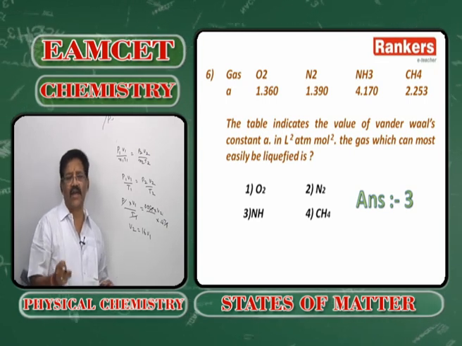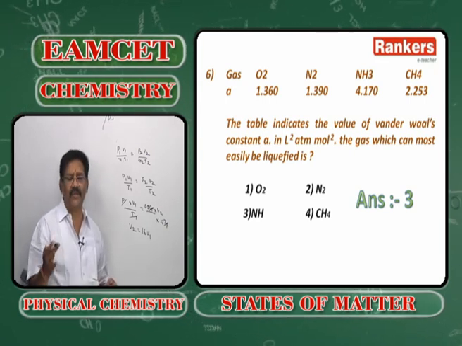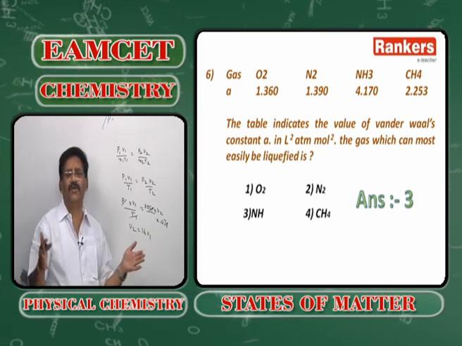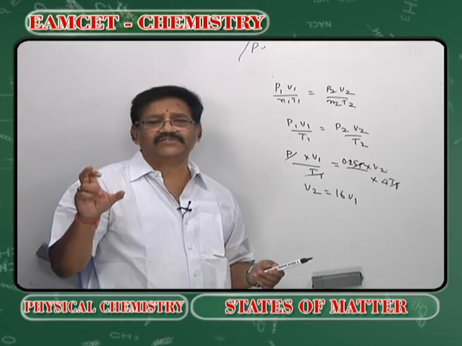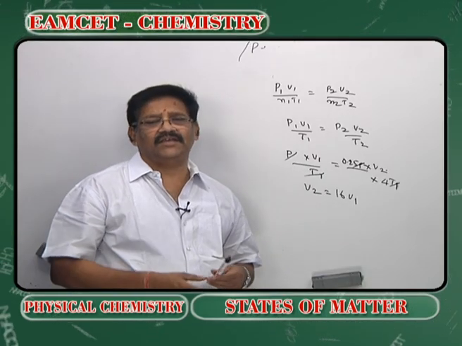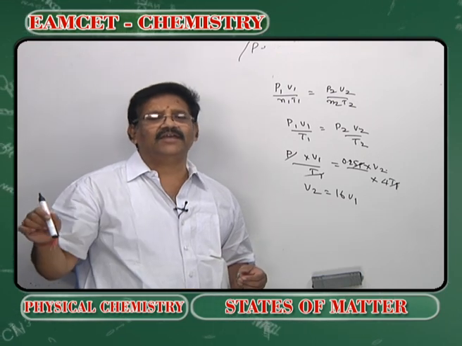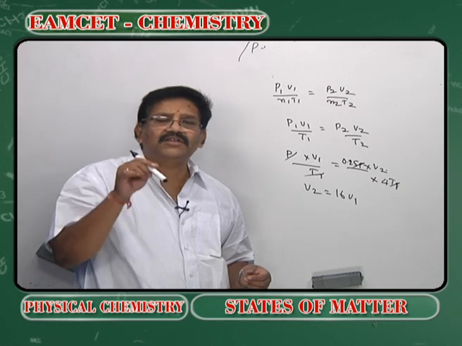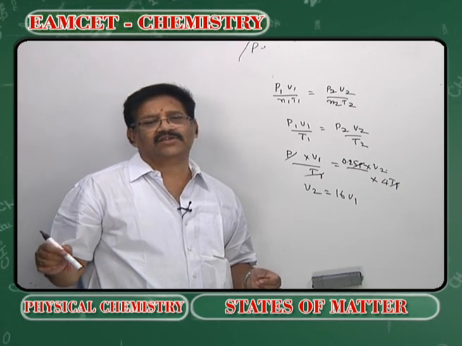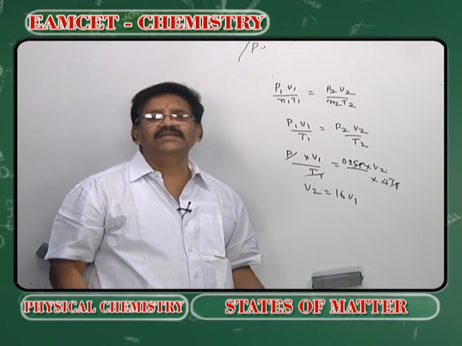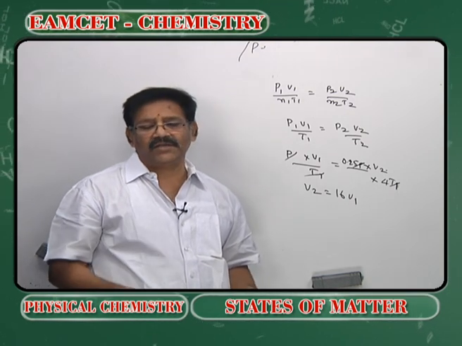For a gas with a high A value, the intermolecular forces of attraction will be strong. Such gases can be liquefied easily, because when the forces of attraction are strong, the gap among the molecules can be reduced easily.